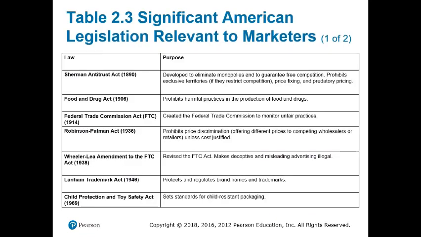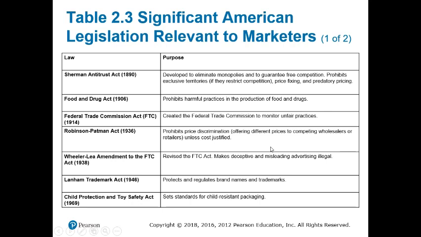There are a number of pieces of legislation relevant to marketers. Some are more relevant than others. I'm not going one by one. You have this table 2.3 in your textbook, so please review this on your own.